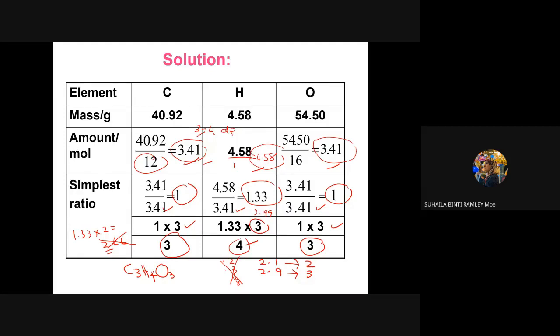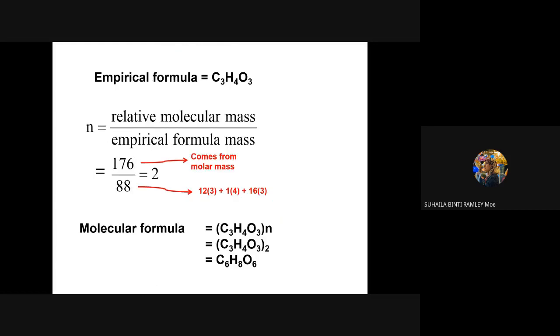Okay, this part ada apa-apa mau tanya? Tidak, okay. Next, we calculate for molecular formula. We know the relation between molecular formula dengan empirical formula is related by N. So we need to calculate for N. N is relative molecular mass over empirical formula mass.